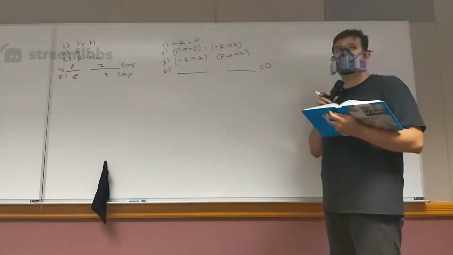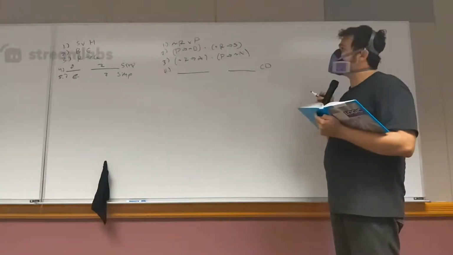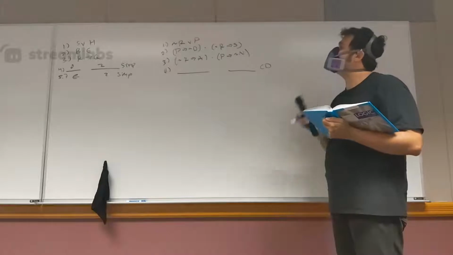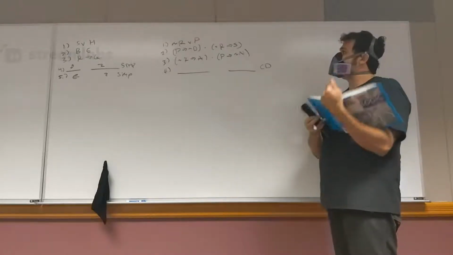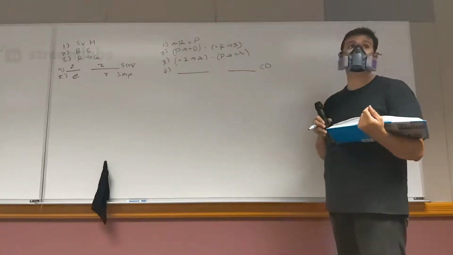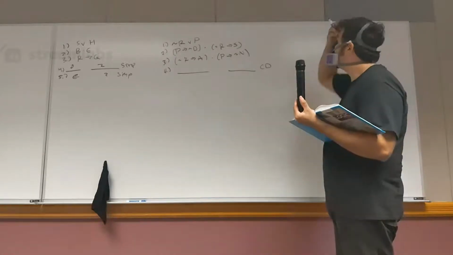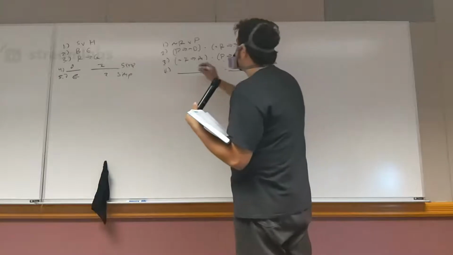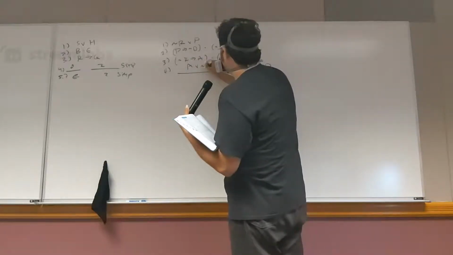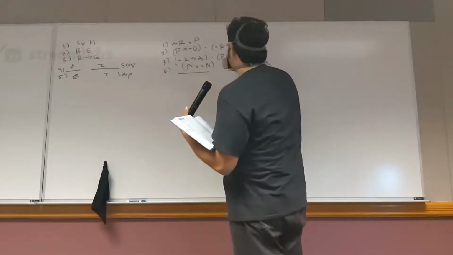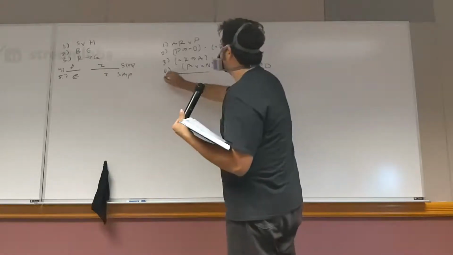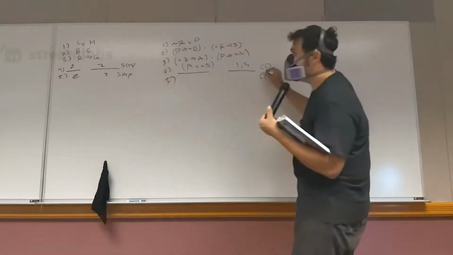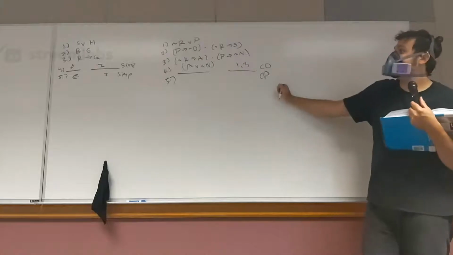Who wants to take this one? How can I use a constructive dilemma here? I'll try. Is it 1, 3? A or not N. 1, 3, constructive dilemma. Good. There's one more thing you can use a constructive dilemma on.